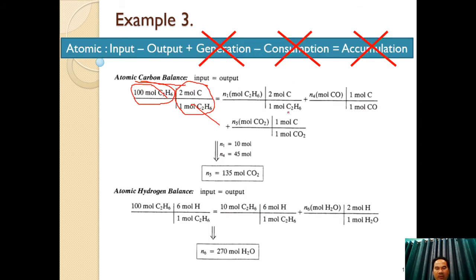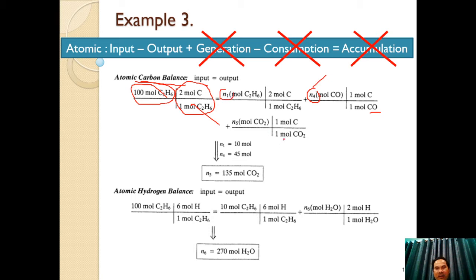The first term is output in terms of ethane. You know, 1 mole ethane includes 2 mole carbon. The ethane output is N1. But the second term, carbon output in terms of CO. You know, 1 mole CO includes 1 mole carbon. Mole of CO in the output is N4. For this case, you know N4 from the previous slide.